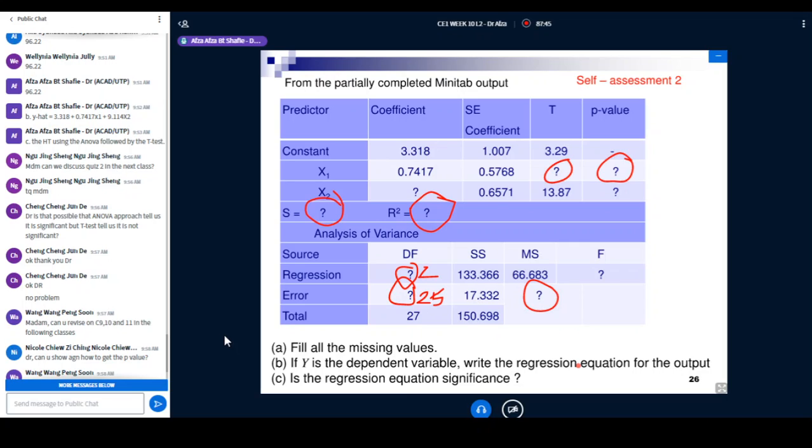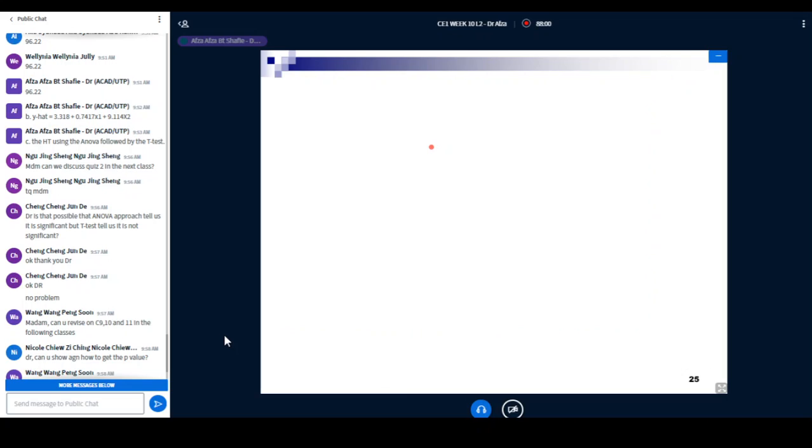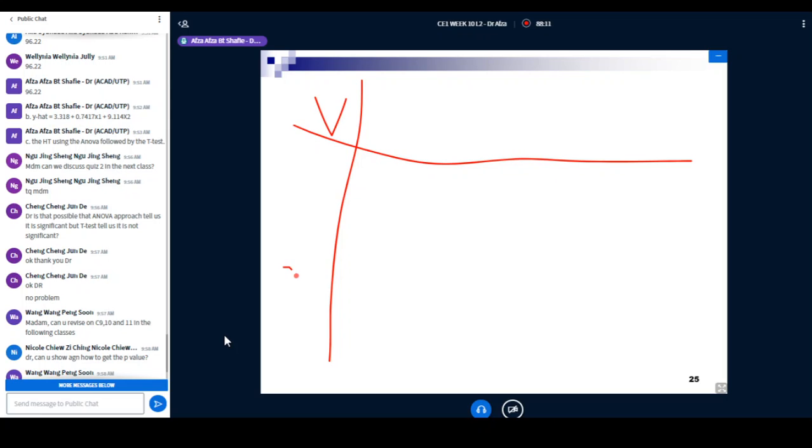But what you need to do, roughly, is this is how you find the p-value. You look at this value, 13.87. Roughly, this is your t value, and your v is 25.